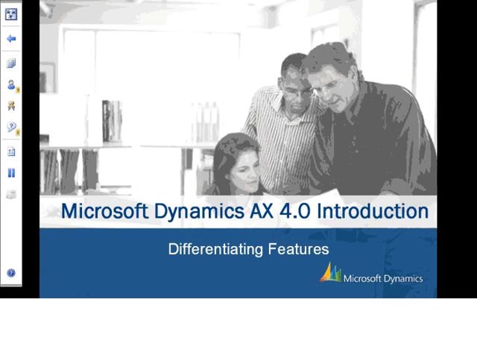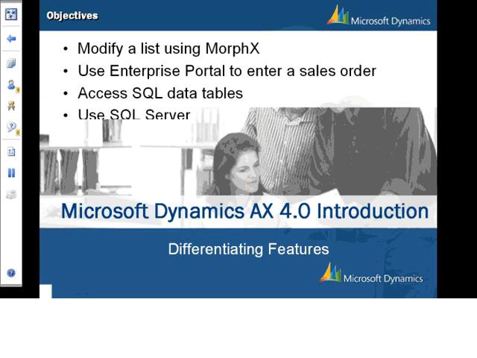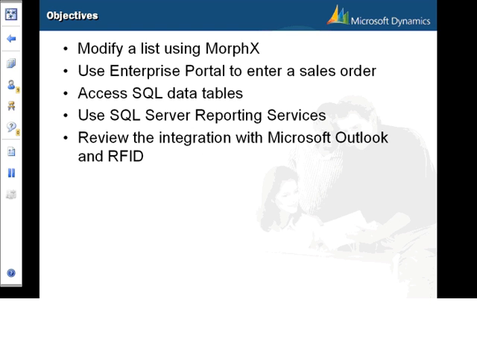In the differentiating features session, we were talking about modifying a list using Morphix. We used Enterprise Portal to enter a sales order. We accessed the SQL data tables and used SQL Server Reporting Services. We also reviewed the integration with Microsoft Outlook and radio frequency identification.